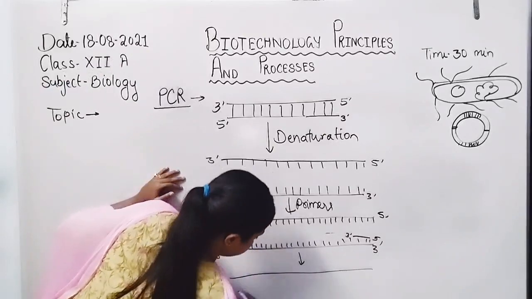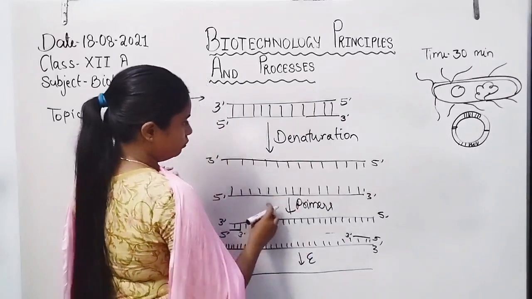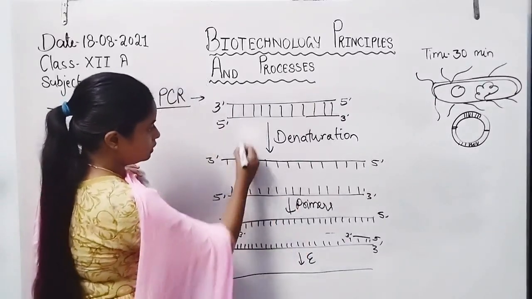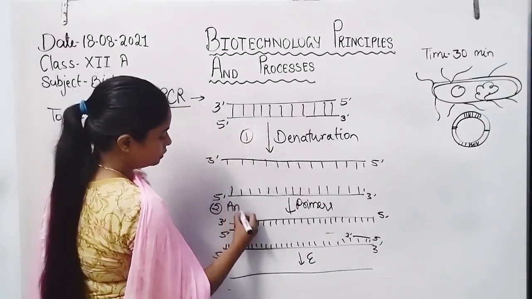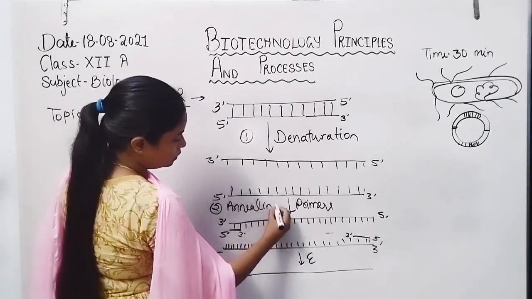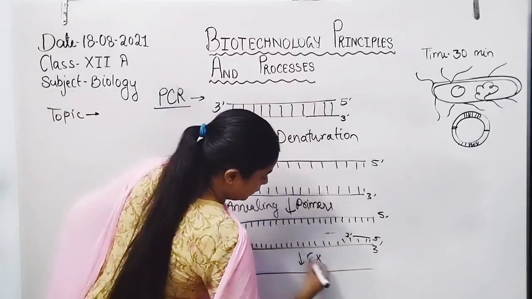Extension. So the addition of primer is included here. The first step, the second step is annealing, which is the addition of primer, and the third step is extension.